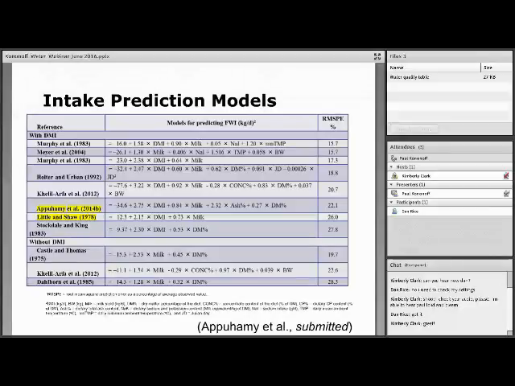Interestingly, in our analyses, this came in as a really good model in predicting water intake based on the studies that were out there. And this is a metric just basically on model fit. The lower the number, the better the model was at predicting free water intake with our data set.